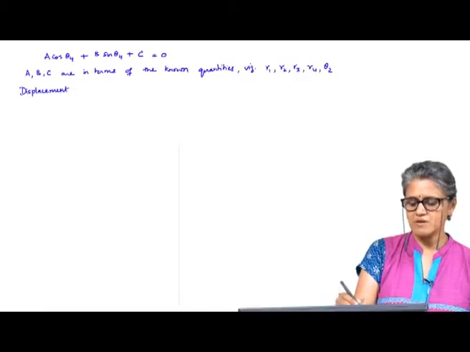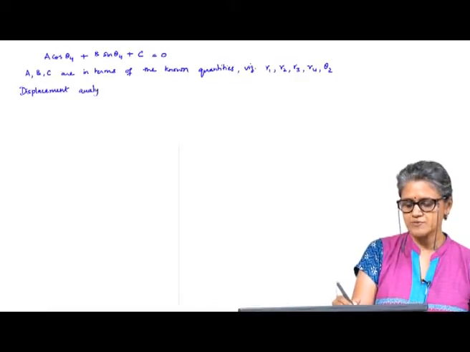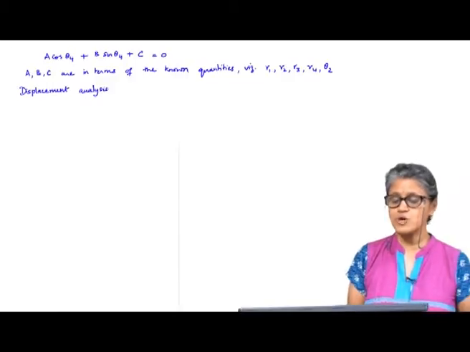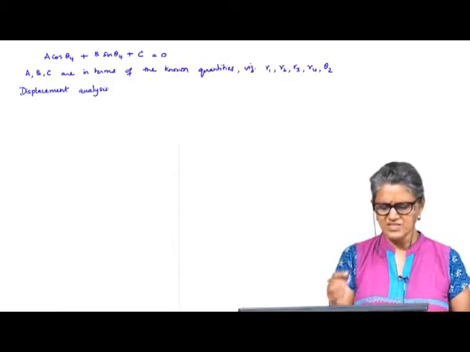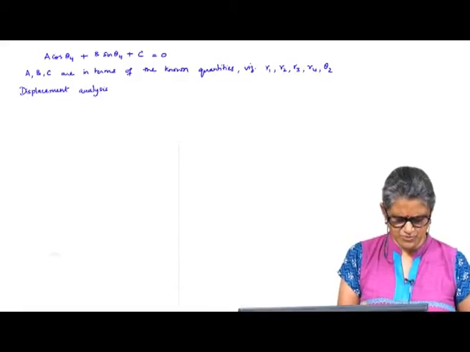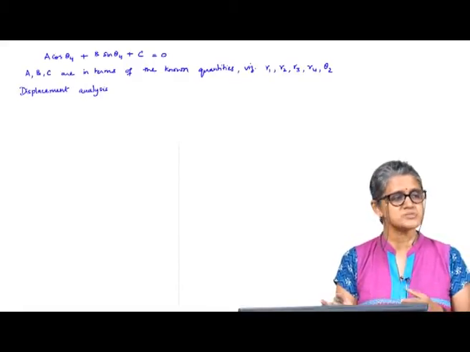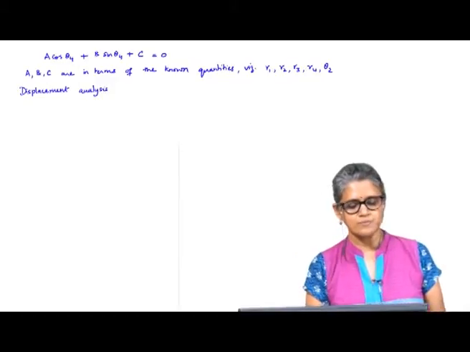So, assuming you have designed a 4 bar, you have synthesized a 4 bar, you want to see how it is going to move. This is the same sort of derivation as for Freudenstein's equation, except that the objective is different now.